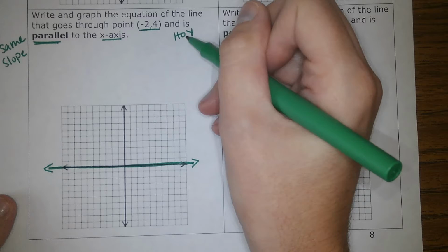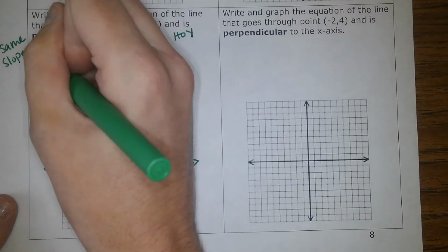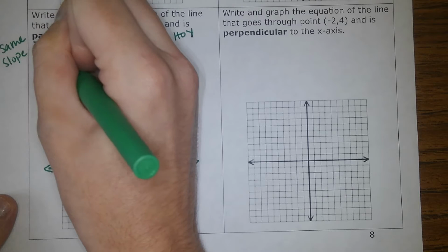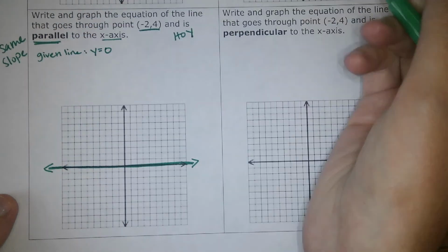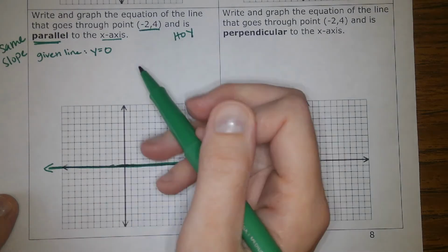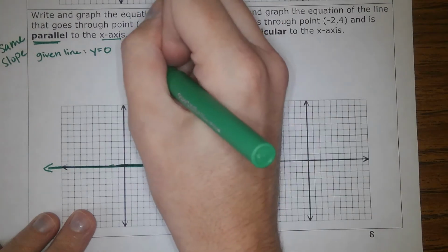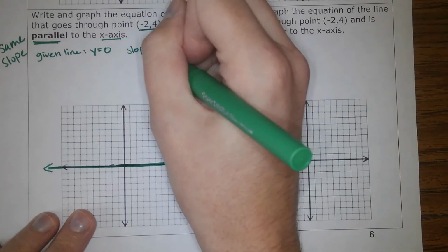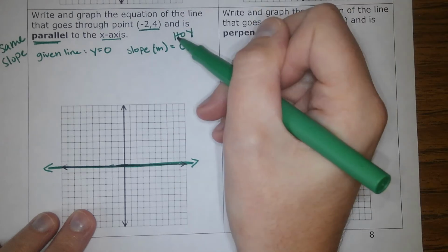So the equation for this given line is y equals 0, because it crosses through the y-axis right there at 0, 0. And the slope, m, is equal to 0. Remember HOY, H-O-Y, okay?